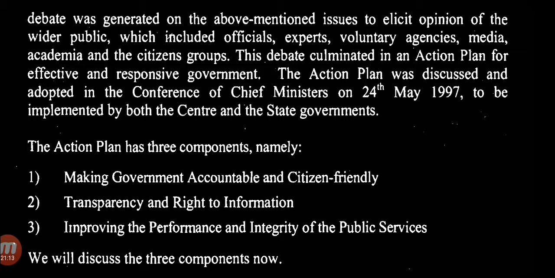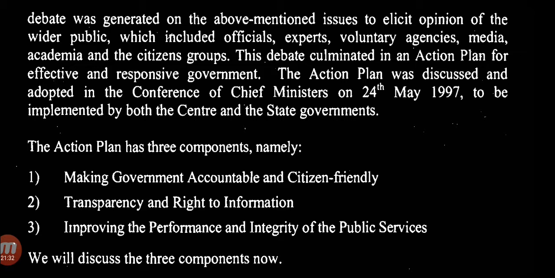This debate culminated in an action plan for effective and responsive government. The action plan was discussed and adopted in the Conference of Chief Ministers on 24th May 1997 to be implemented by both the center and the state governments.